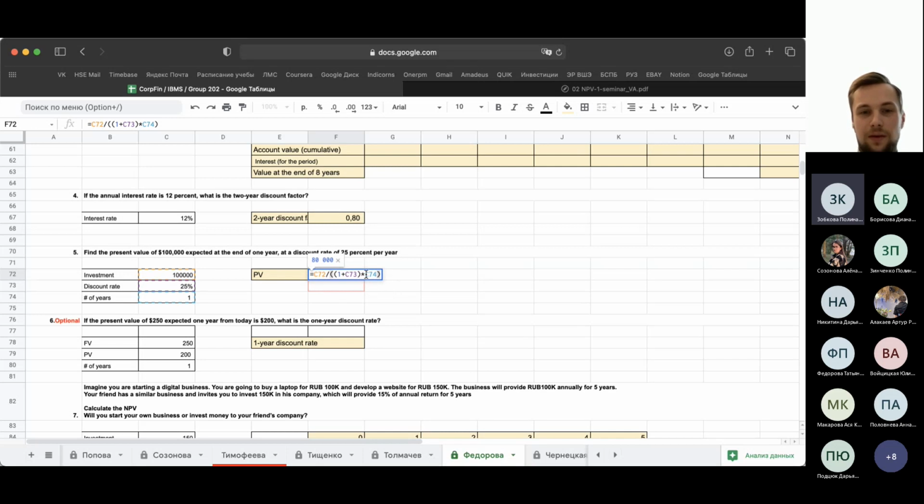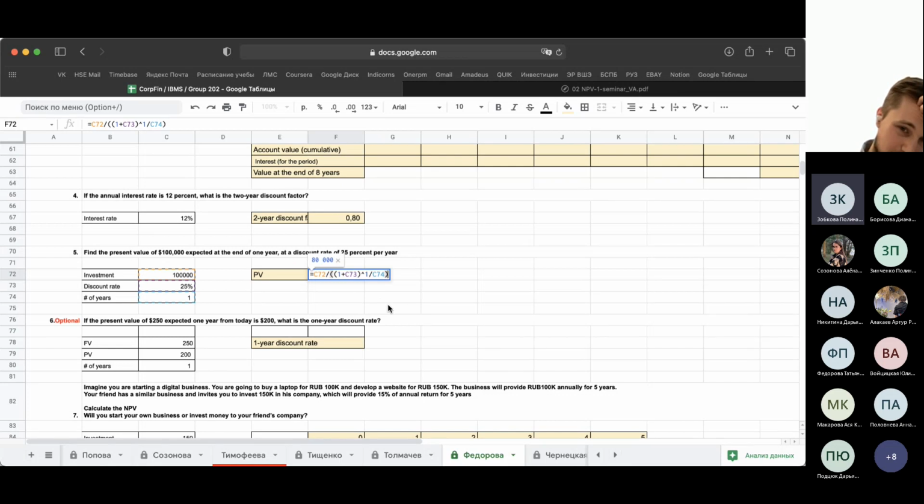And I changed the formula a little bit. I'll try it again. Sorry. Now it has been changed. Is it right?